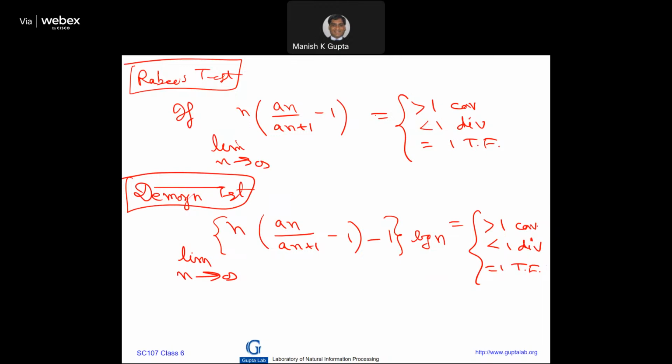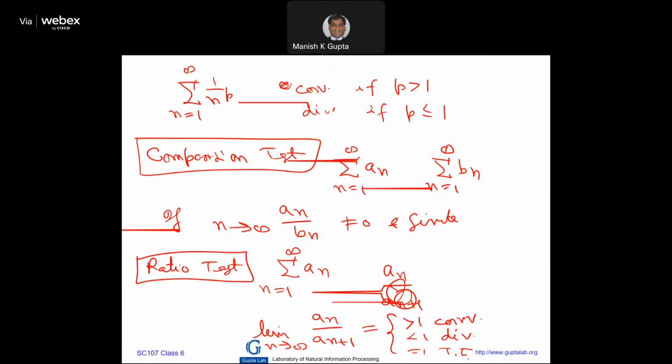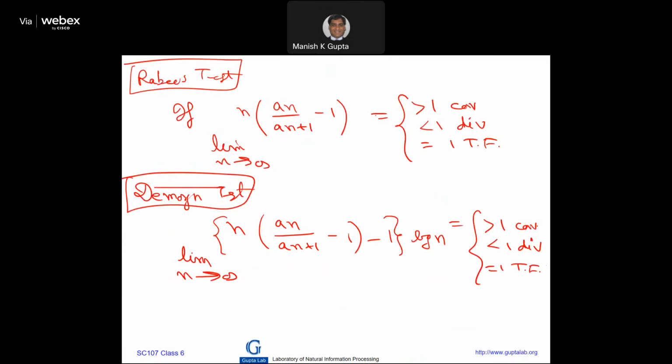Now if the ratio test contains e, an exponent e, then you apply the logarithmic test.